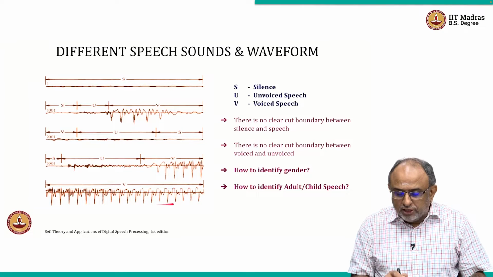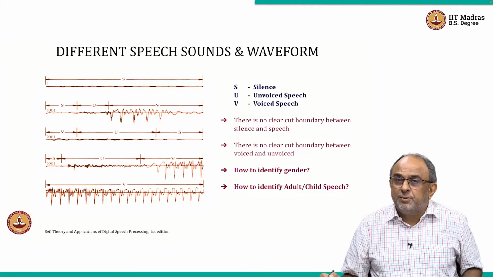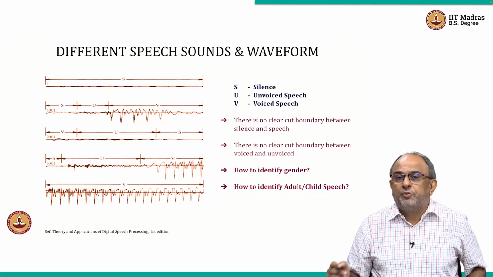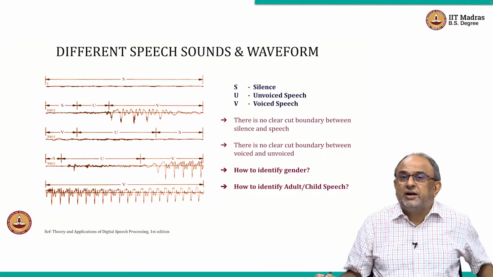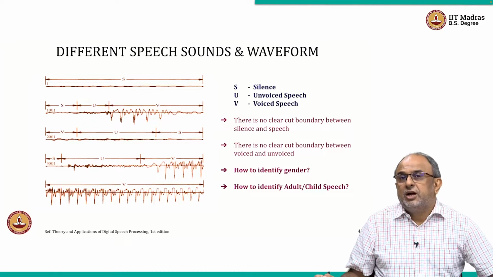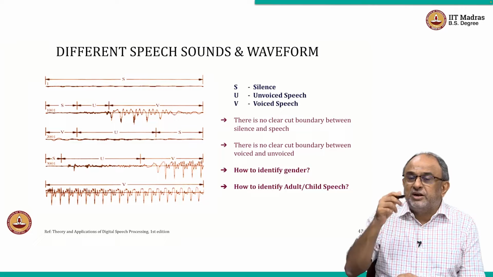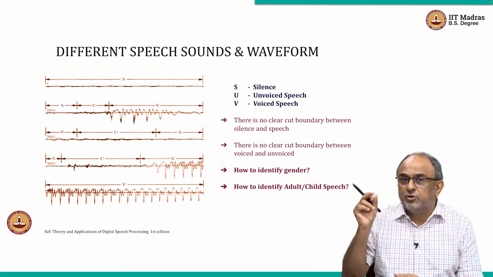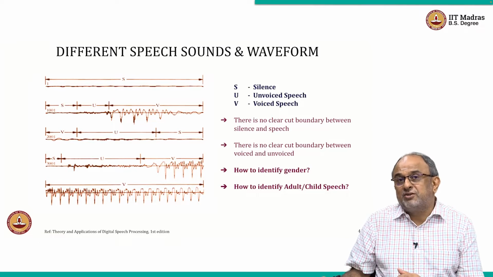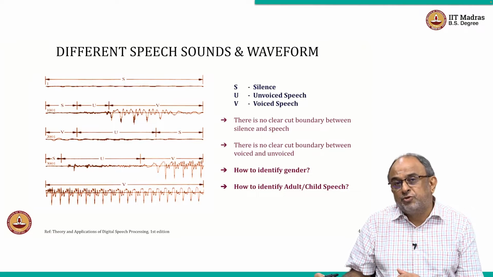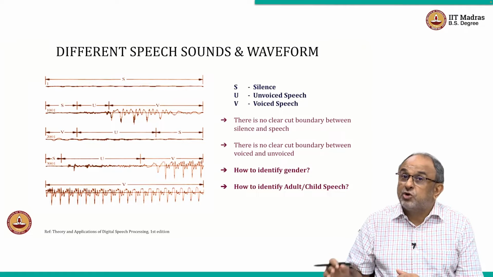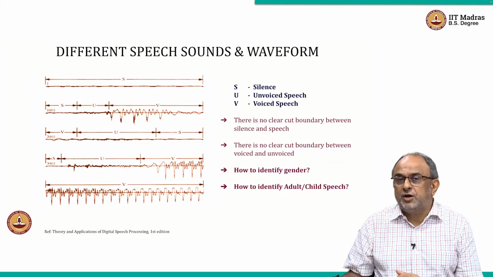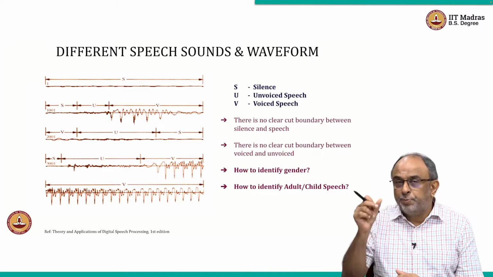So if you look at it on an average, men have a periodicity of about 100 hertz. That is, every 10 milliseconds the opening and closing happens. But for women, it's around 240 to 250 hertz, so every 4 milliseconds they are opening and closing.